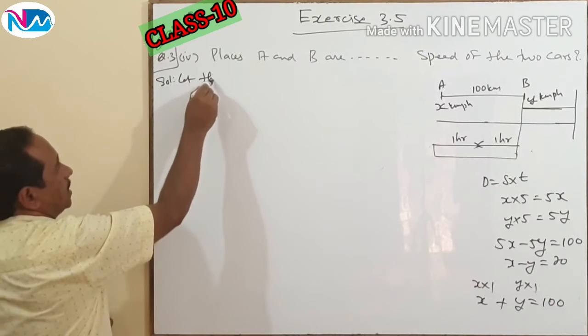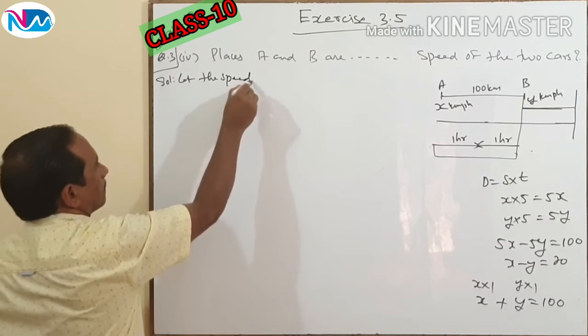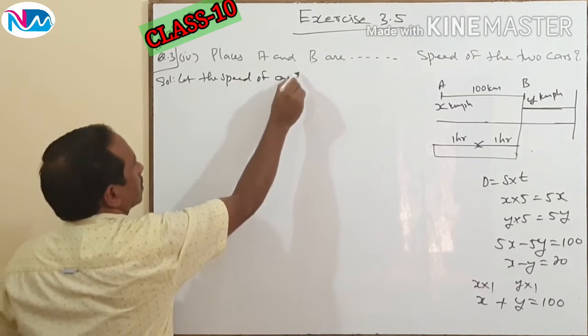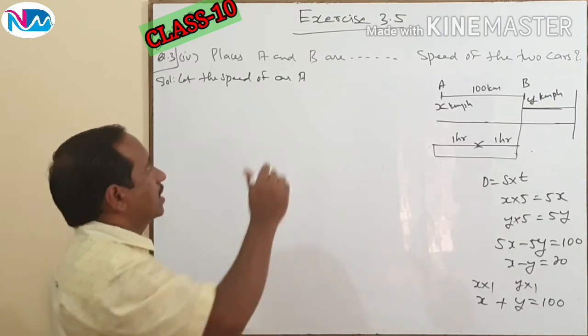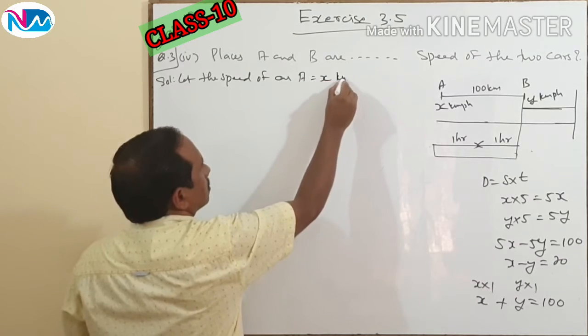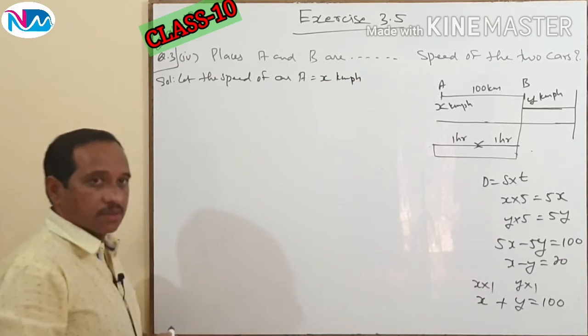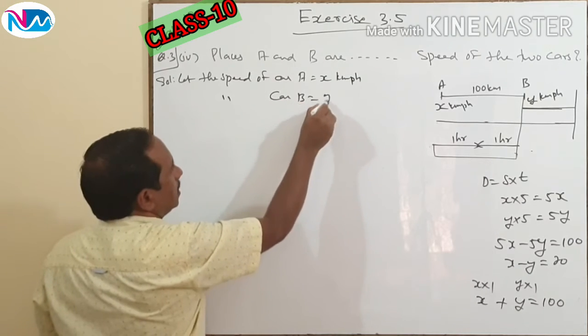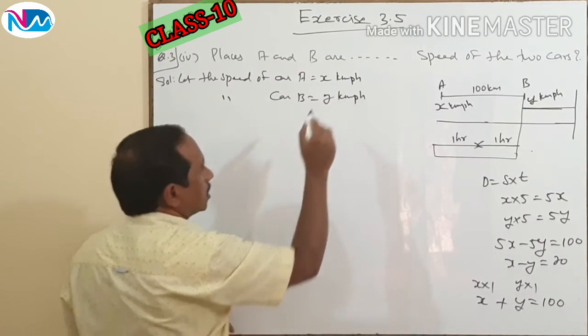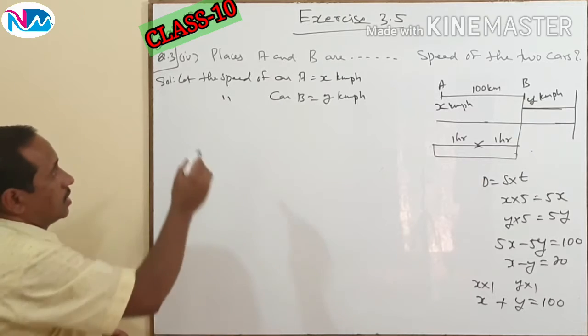Let the speed of car A, I call the car from place A as car A, be equal to x kilometer per hour, and the speed of car B be equal to y kilometer per hour.